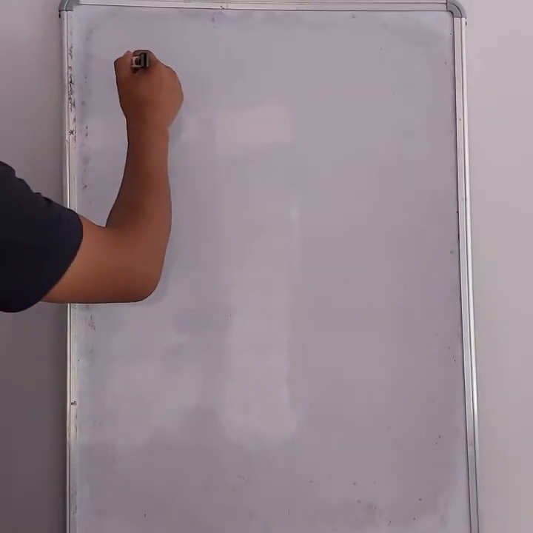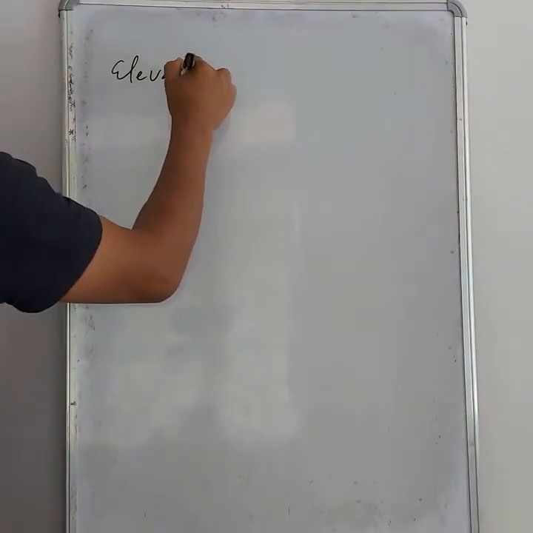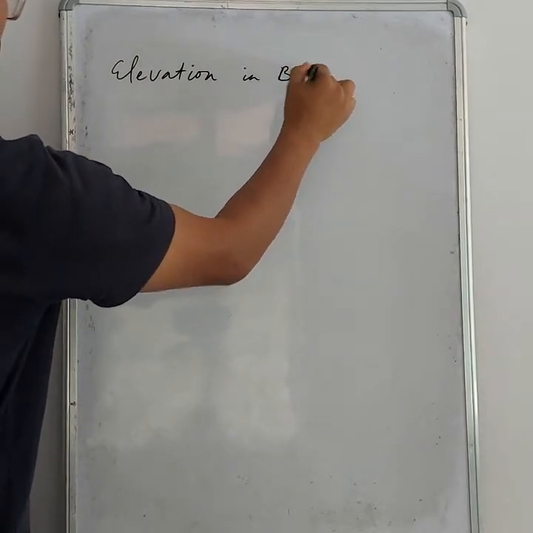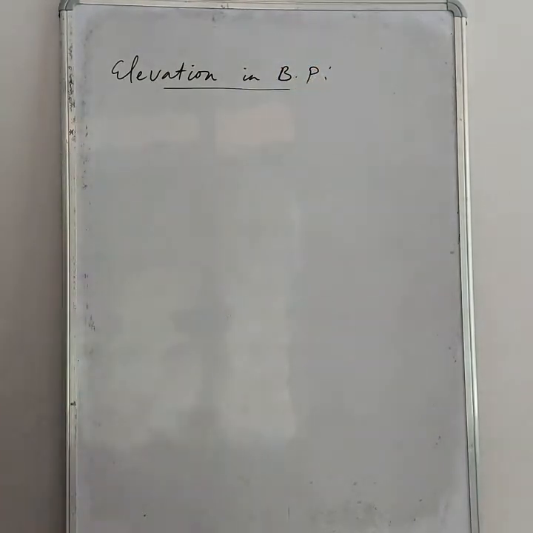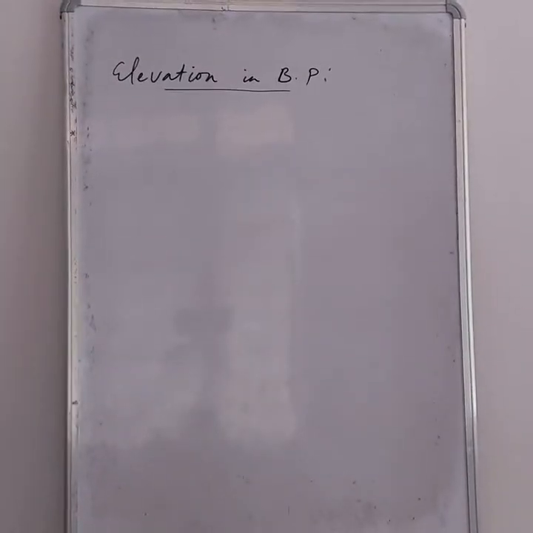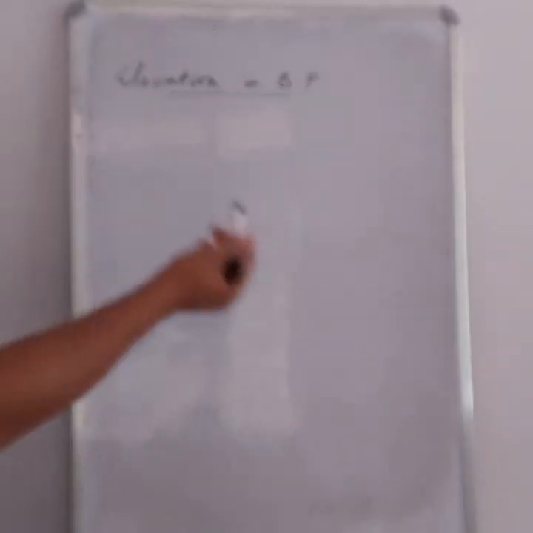Next up is elevation in boiling point. This is also one of the colligative properties. Whenever we add solutes, it changes the vapor pressure of the pure solvent, and eventually it will be a different solution.